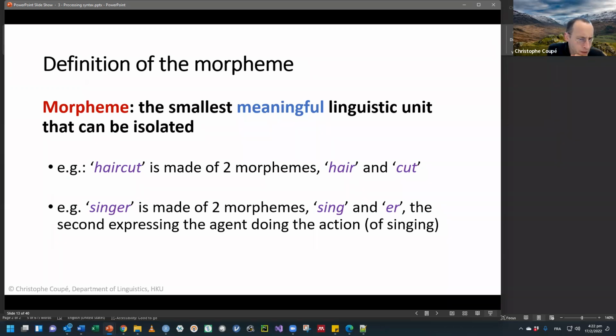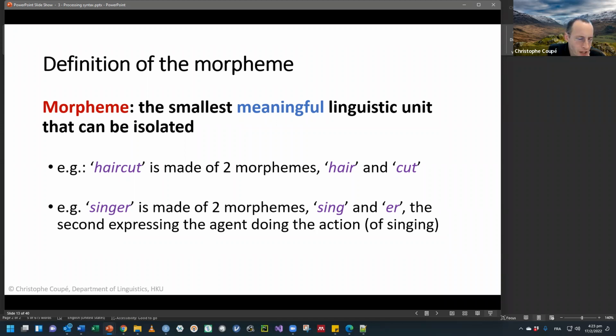Morpheme: in linguistics, a morpheme is the smallest linguistic unit which bears some meaning and that you can isolate. Let's say that you have the word haircut. It's very clear if you speak English that you have hair and cut, right? You cut, you have your hair cut.